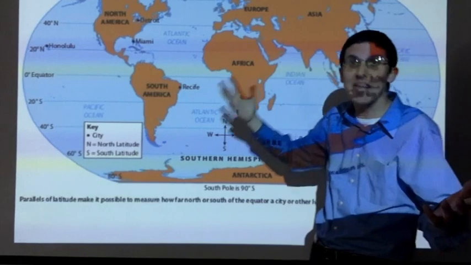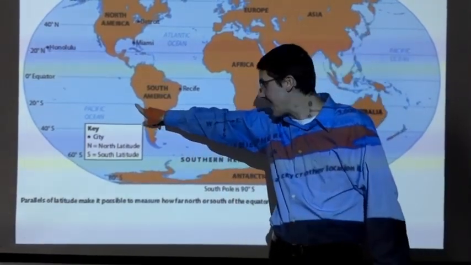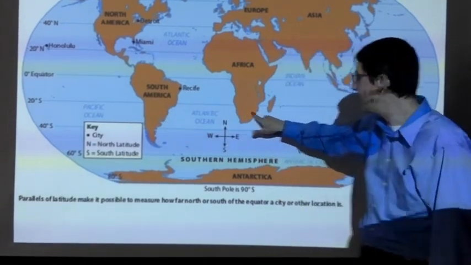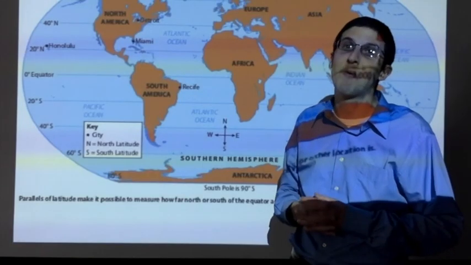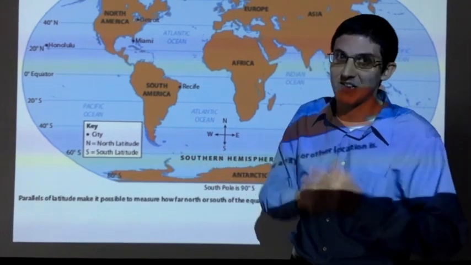I just don't know. I could be any of those places. In the same way, if I'm 20 degrees south latitude, I could be in South America, or Africa, or even Australia. That's why we need both latitude and longitude to know exactly where we are.